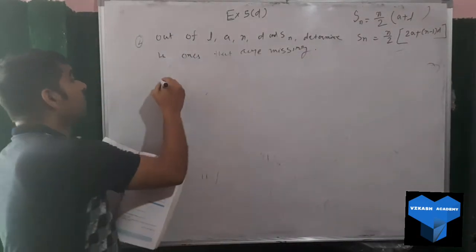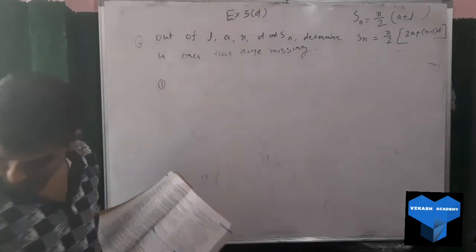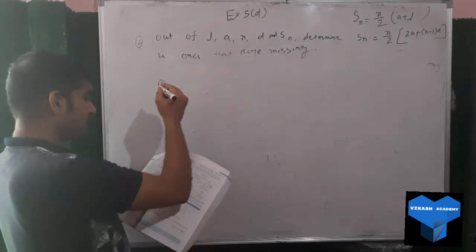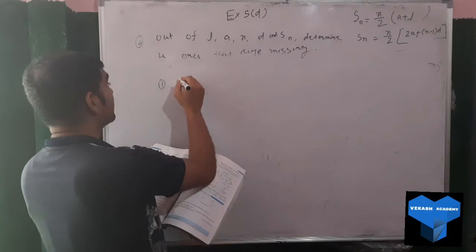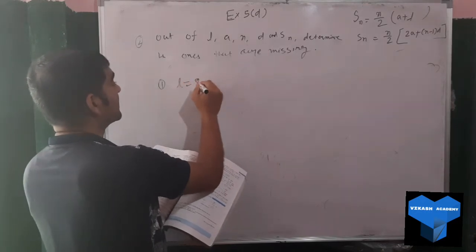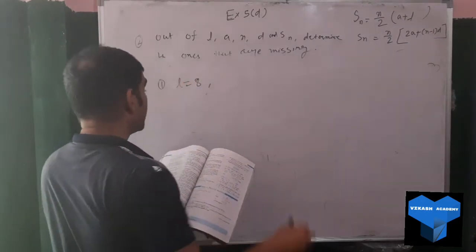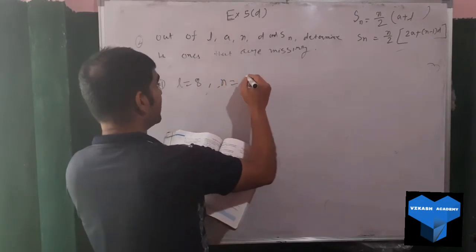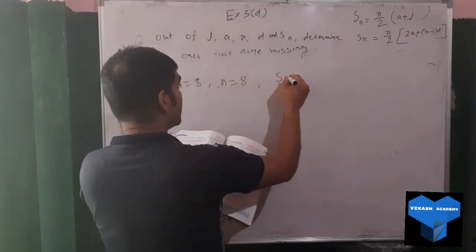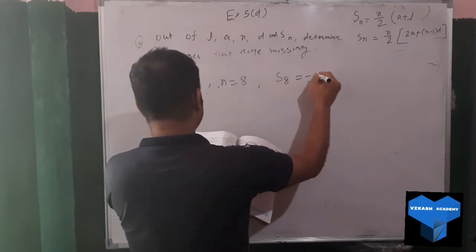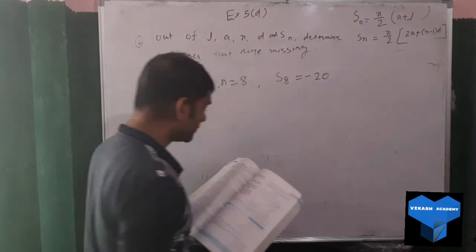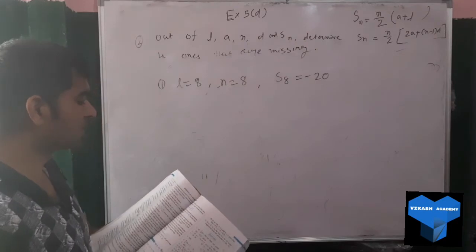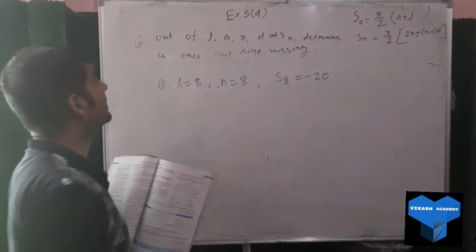Here we have question 1. If you see, l is given as 8. Next, n is given as 8. Then S8 is given as minus 20. So which value is not given? Obviously a is not given here.